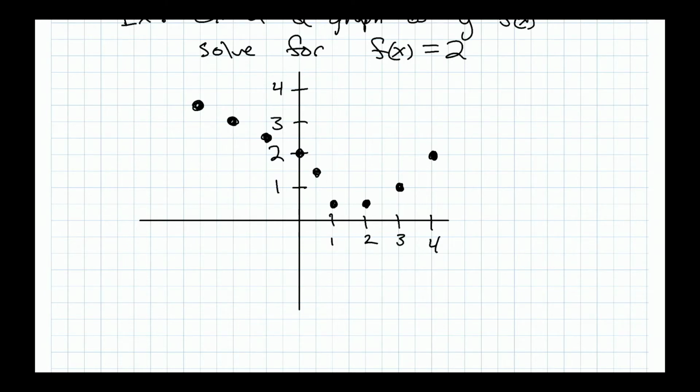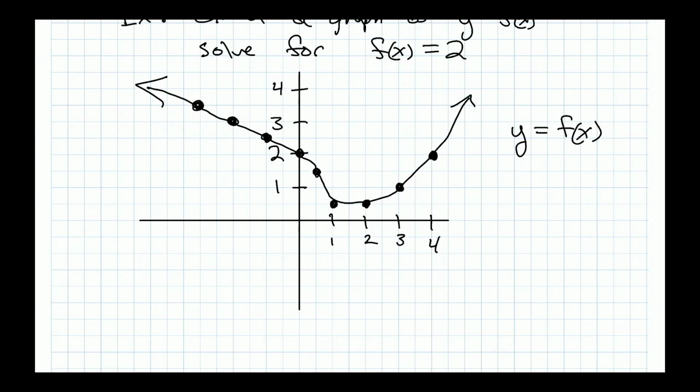Okay, good enough. So I'm going to connect the dots here, hopefully. Okay, so it's not a pretty graph, but there we go. That's my y equals f of x.